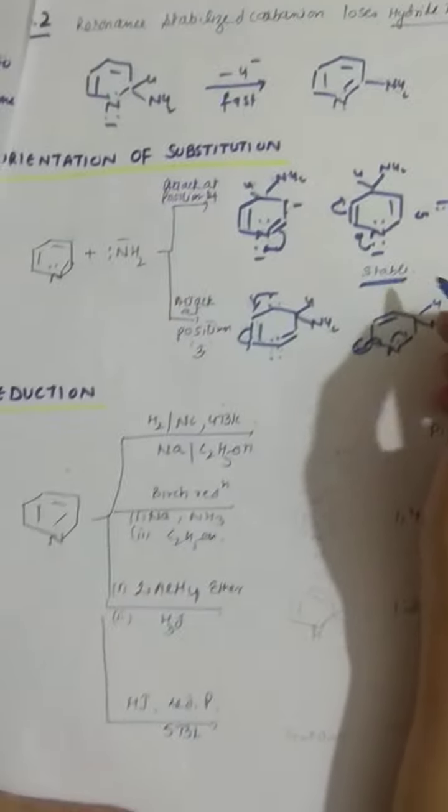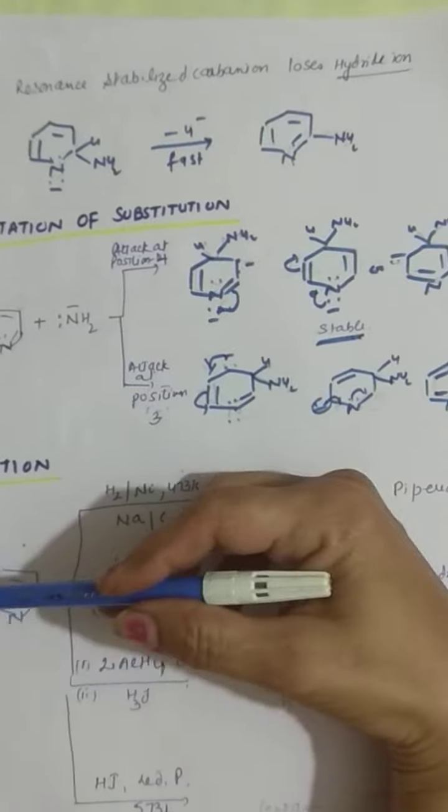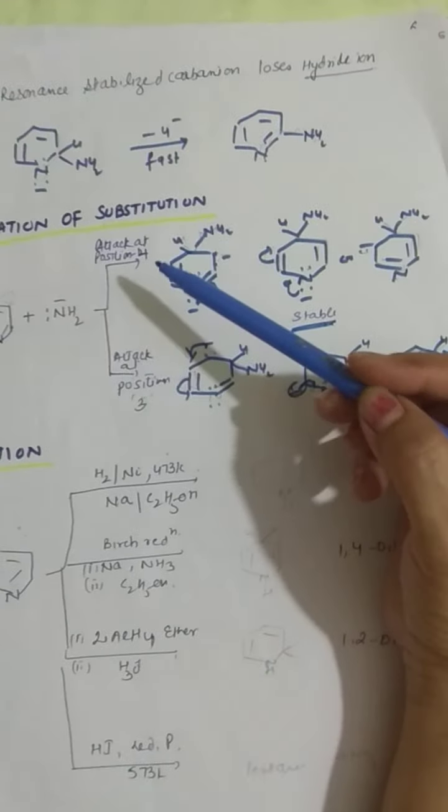So nucleophilic substitution reactions take place at position number 2 and 4.